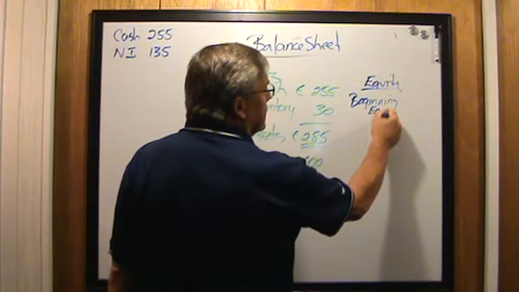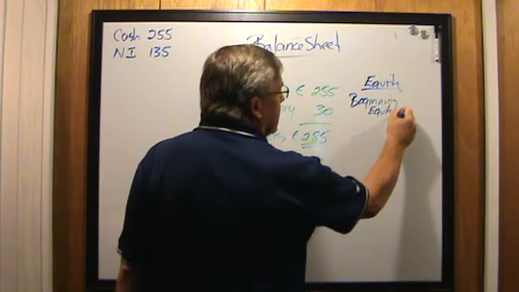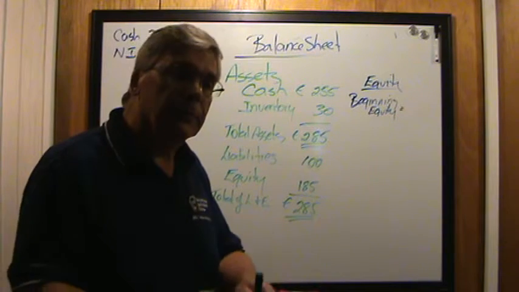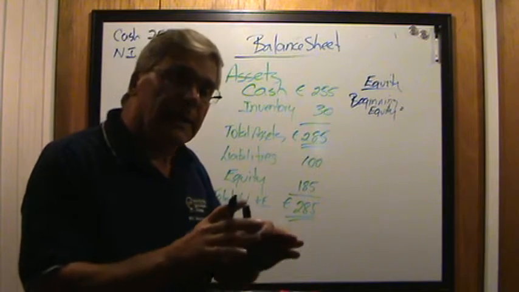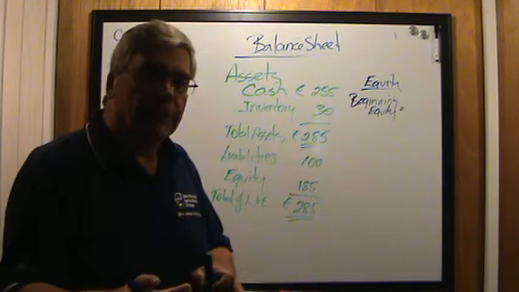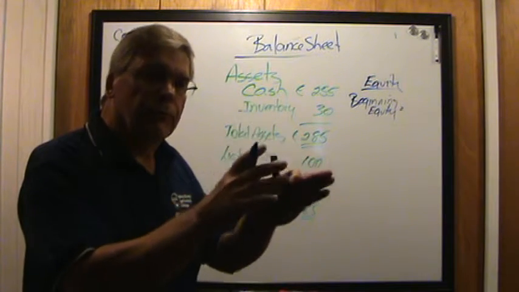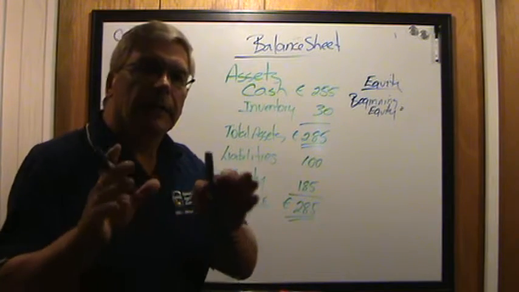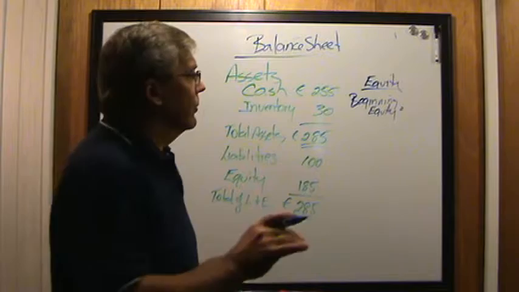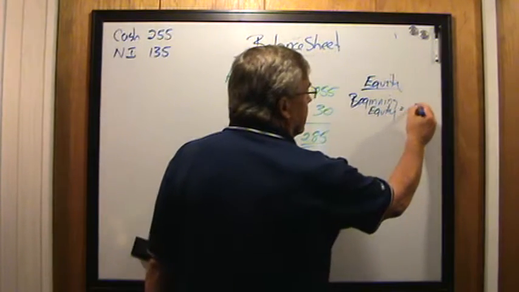Beginning equity is equal to the 50 euros that the partners had at the very beginning. They had it in cash, so if we did a beginning balance sheet at that time, it would show there's 50 euros in cash and there's 50 euros of equity. This is before the loan occurred. So the beginning equity is 50 euros.